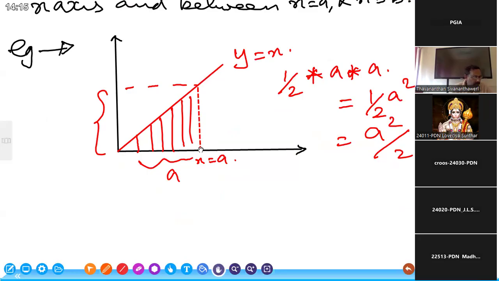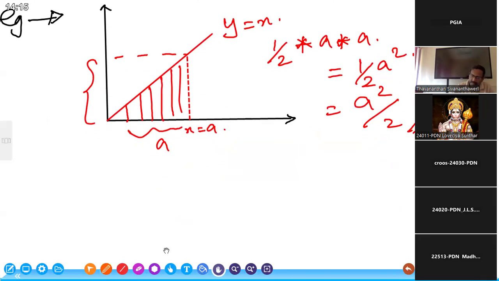How does this value come? We are going to divide this whole graph. I will remake it before drawing it.